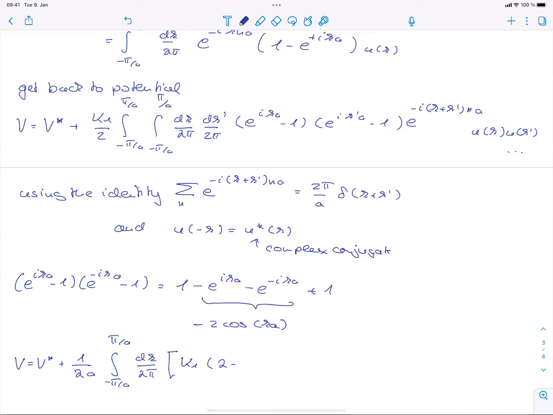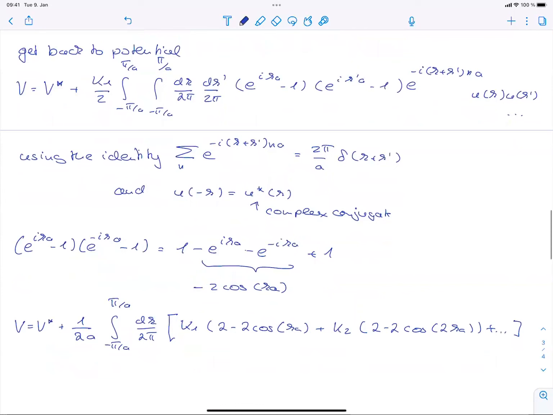We have a 2 minus 2 cosine of k a left. And then the higher order terms, without going into detail here, they follow in a similar manner. Cos 2 k a, and there's a bracket missing, and in principle I can go up for higher, and what's left is then the u k squared.